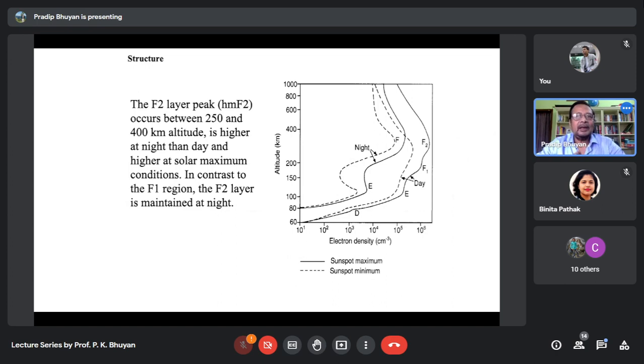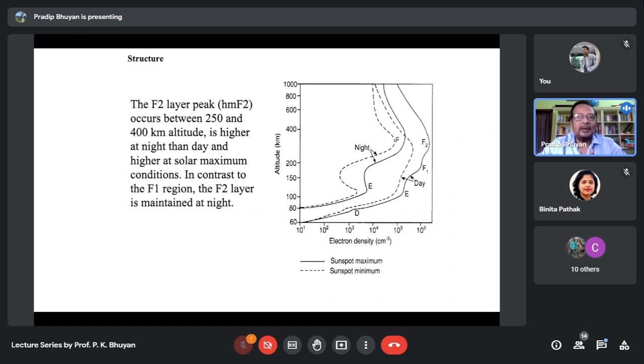Electron density, and as I will tell you again maybe sometime later, the ionosphere is an ionized medium, and it is supposed to be quasi-neutral. Those who have studied plasma physics already know what is quasi-neutral. Quasi-neutral is that Ni, the number of ions, is approximately equal to the number of electrons.